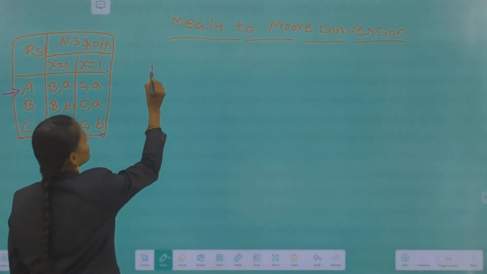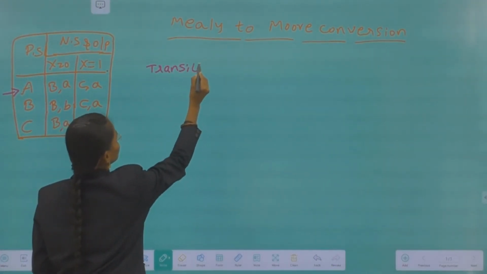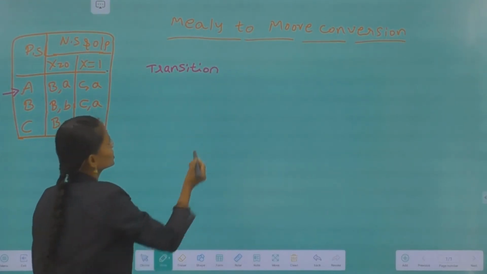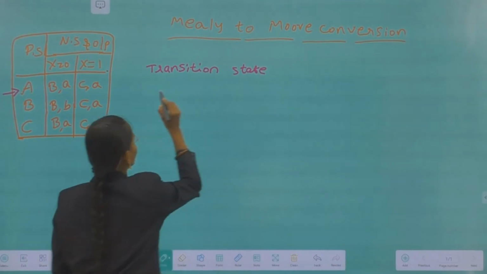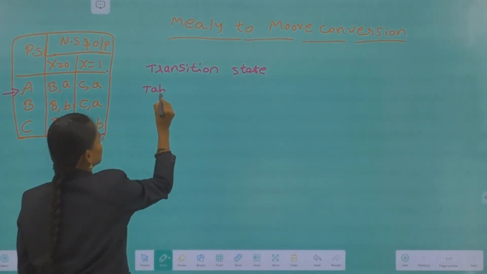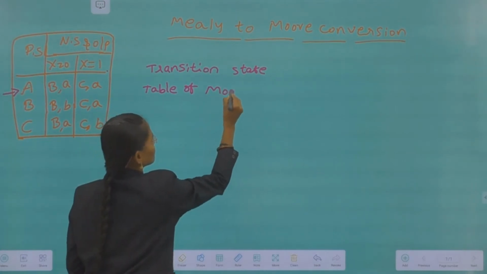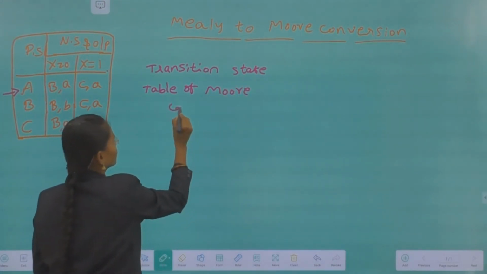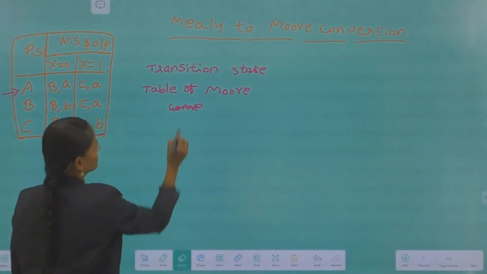First see the transition state table of Moore conversion.